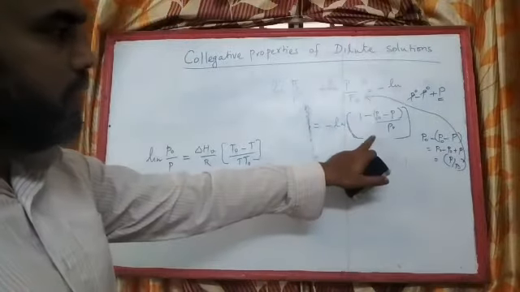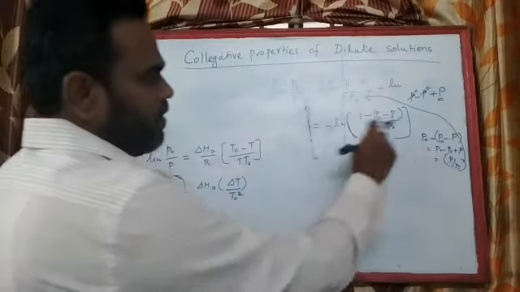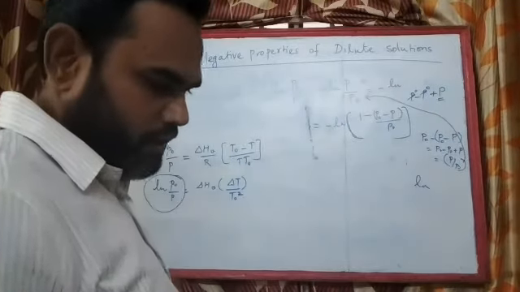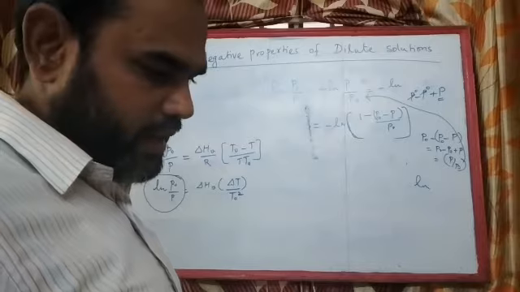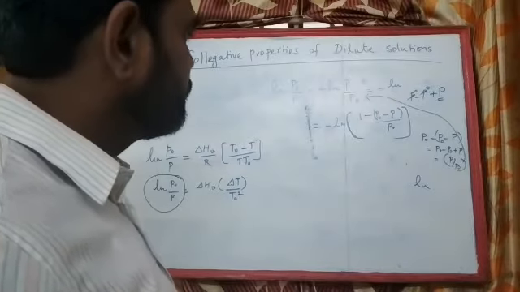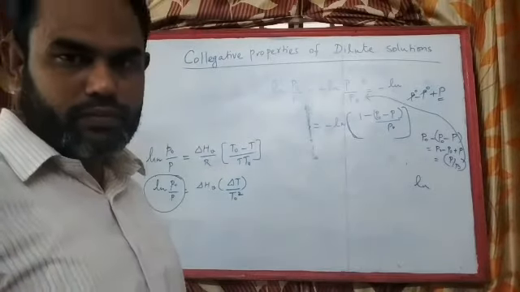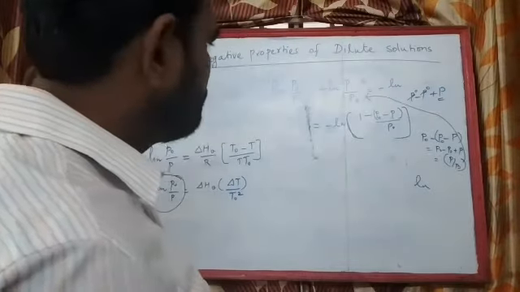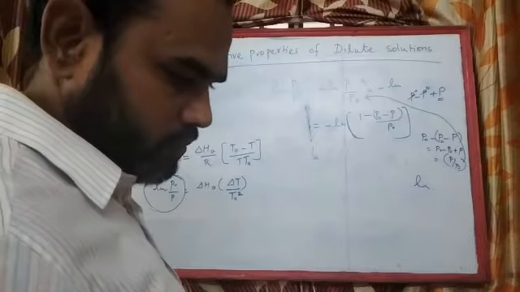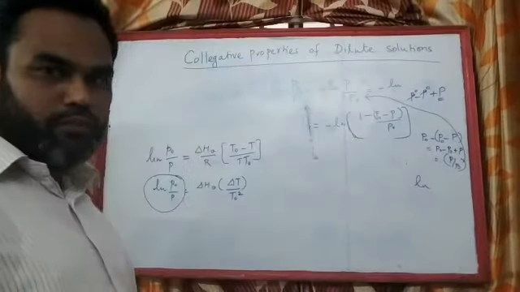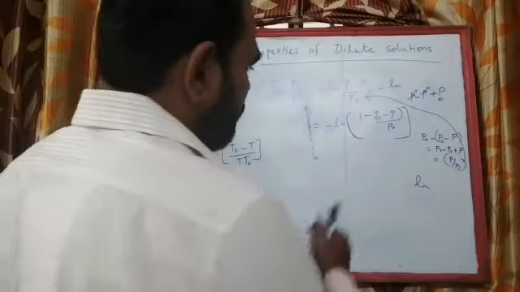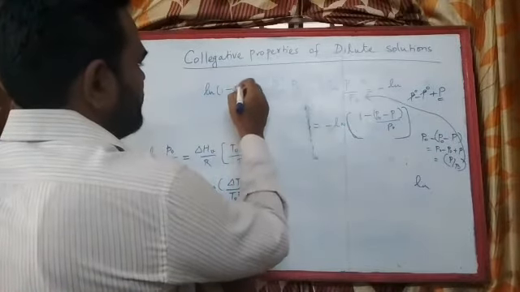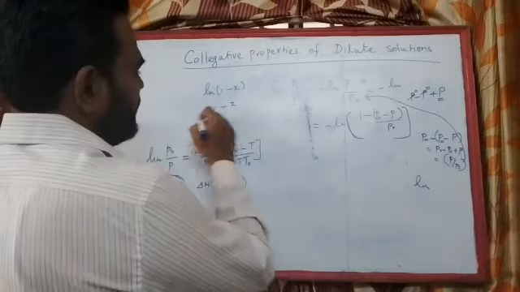So let me write this ln of 1 minus x. ln of 1 minus x is equal to minus x.